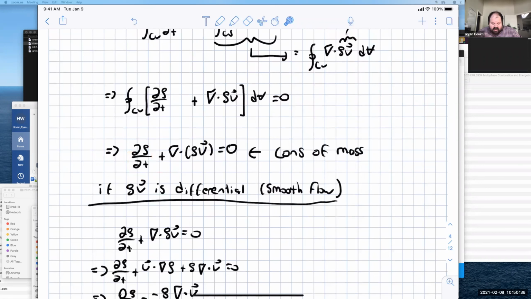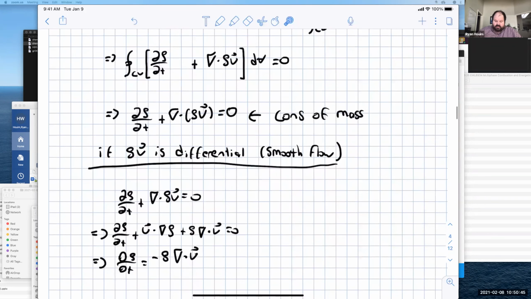This is something that I suspect most, if not all of you, have seen before, so it's really, for the most part, just review. You may have derived it with an infinitesimal control volume, which I'm not going to do because it takes forever.